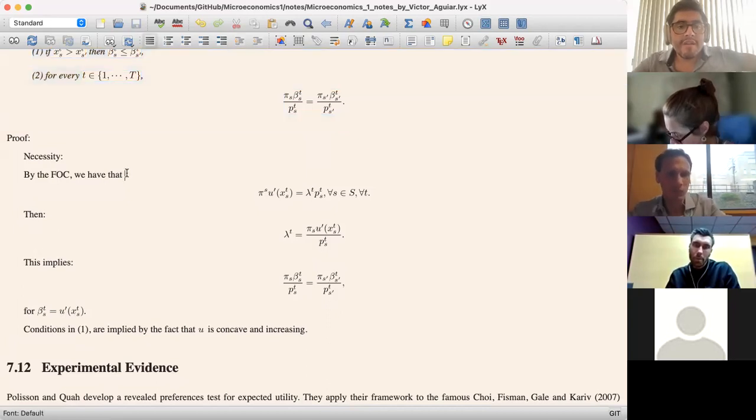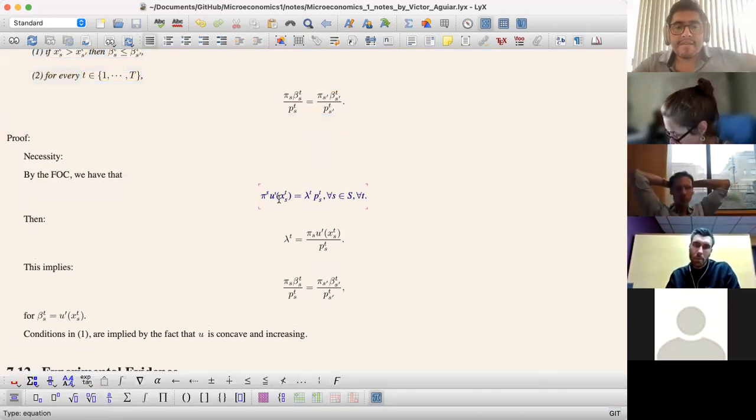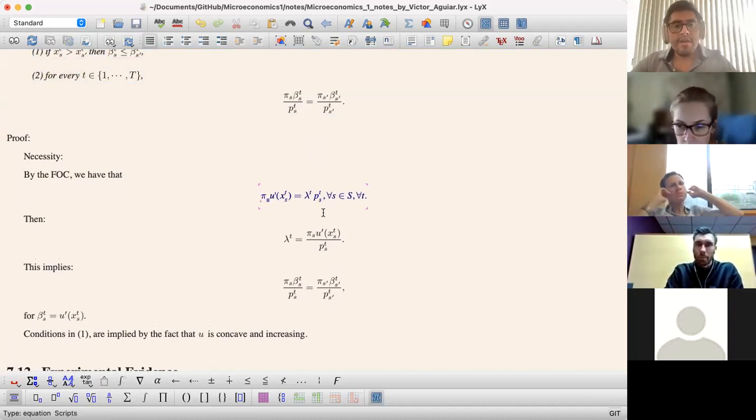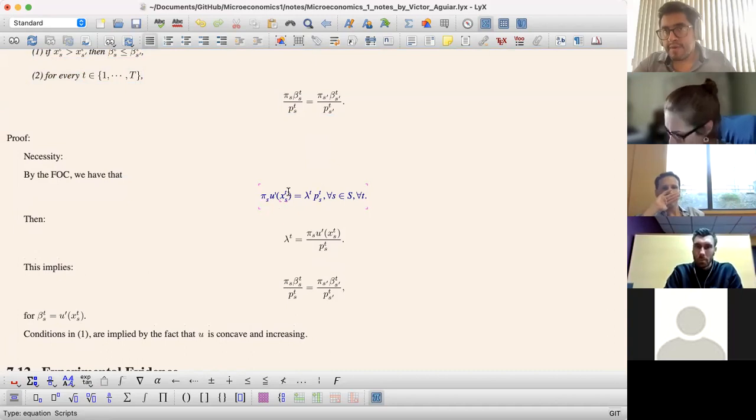So by maximizing the expected utility, we have the fact that π_s times the prime of the U, so the marginal utility, evaluated at x_s^t is equal to λ_t p_s^t.